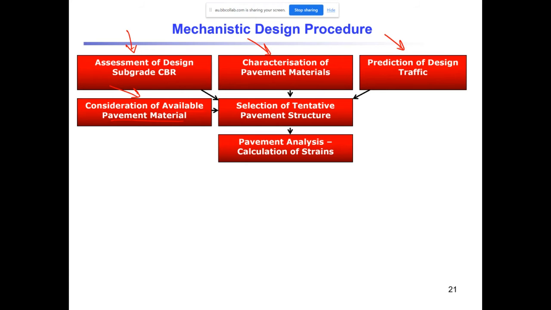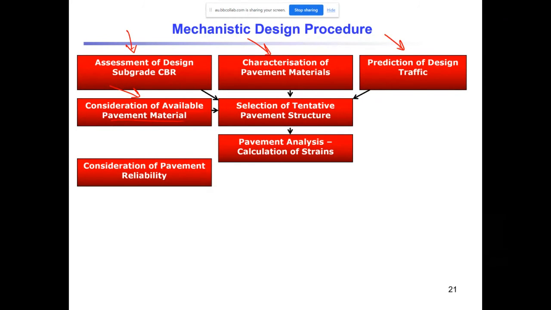So you need to determine the 6 critical strains inside the structure of the pavement by using, for example, CIRCLY. After that, you need to determine the pavement reliability, the project reliability, the importance of the project. So this pavement reliability depends on the importance of the road, the average annual daily traffic of the road.